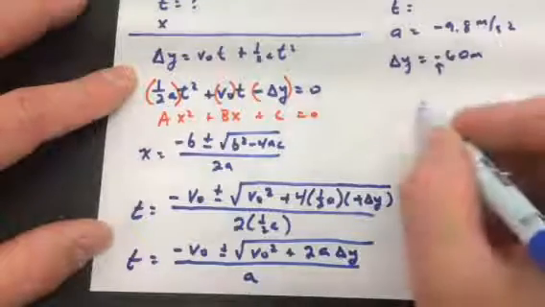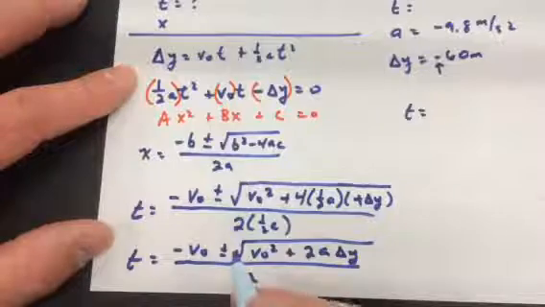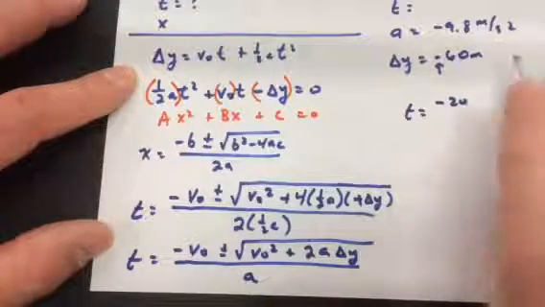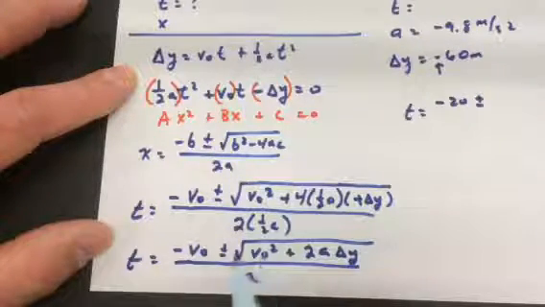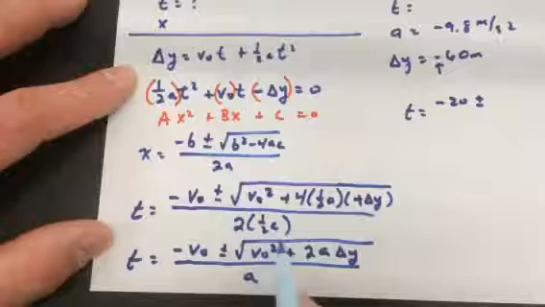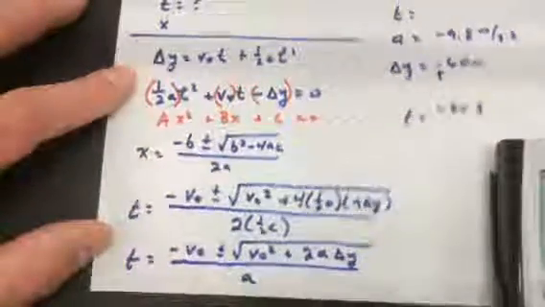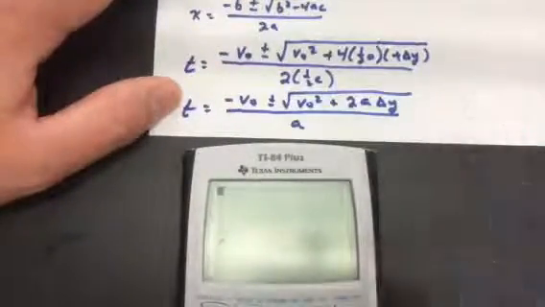Okay? So time is going to be equal to negative v naught. So it's negative 20 meters per second. I'm not going to write the units. Plus or minus whatever is underneath this square root. I recommend getting it down to this step. So I'm just going to use the calculator and figure out what would be underneath that square root.